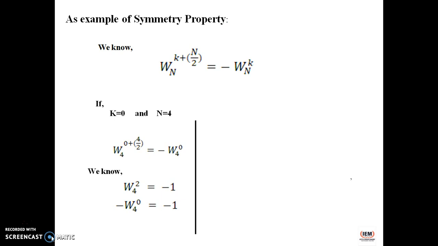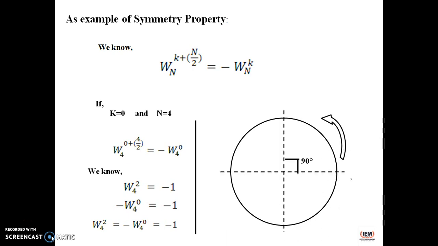Then the W24 value is the same as minus W04, that is minus 1, as seen in the circle also.